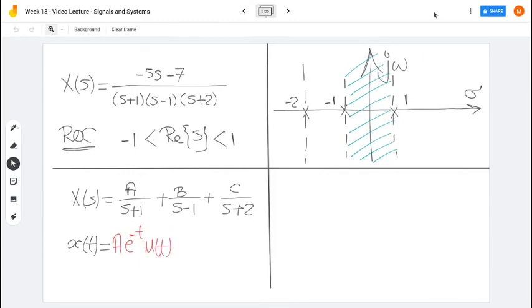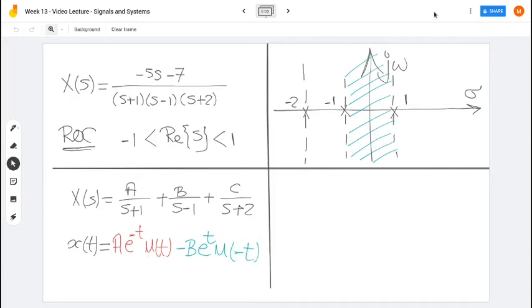Now for the second term, the pole in this term is located at 1. So going back over here, we have a pole located at 1. And the ROC we're solving for is considered left-sided with respect to this pole. Left-sided means we need to choose the left-sided signal in time domain, which will be of this form, minus B e to the power t u of minus t.